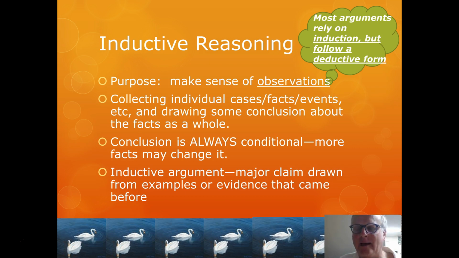Problem was, Captain James Cook in 1750 goes to Australia, British explorer, finds the continent of Australia, first Westerner to show up there. And suddenly they find all kinds of weird animals. They find koala bears, they find kangaroos, they find wallabies, they find Tasmanian devils, and they find, ta-da, black swans. Swans that are exactly like their European counterparts, but they're black. So suddenly the definition of swan has to change to include both black and white swans.